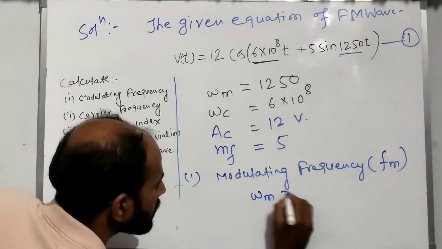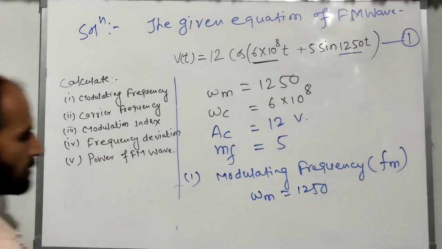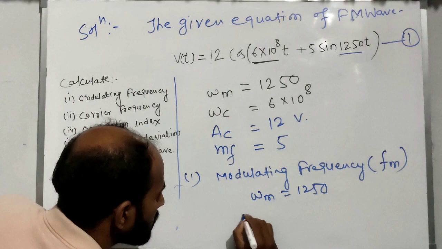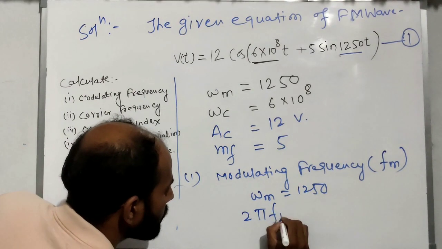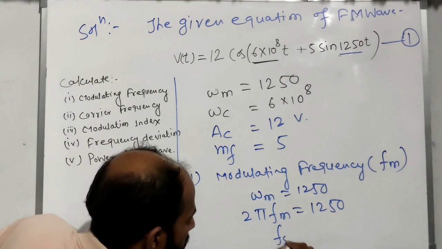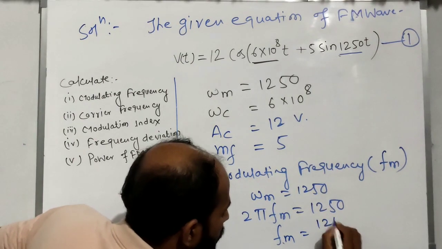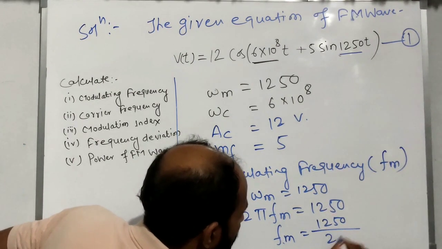Omega m is equal to 1250, and omega m is equal to 2 pi fm, so fm is equal to 1250 upon 2 pi.